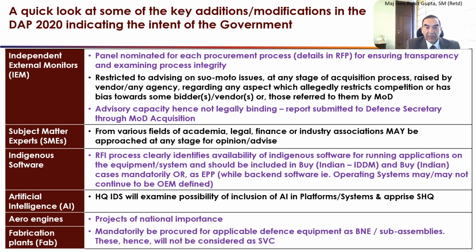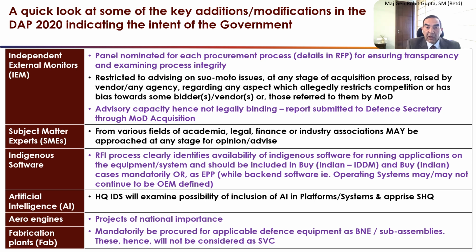Indigenous software. Now, to be able to enhance the capability of indigenous software and give them incentives, RFI, that is the request for information, will clearly identify the availability of indigenous software for running applications. And they can be included in the Buy Indian IDDM and the Buy Indian categories, which are the apex procurement categories.